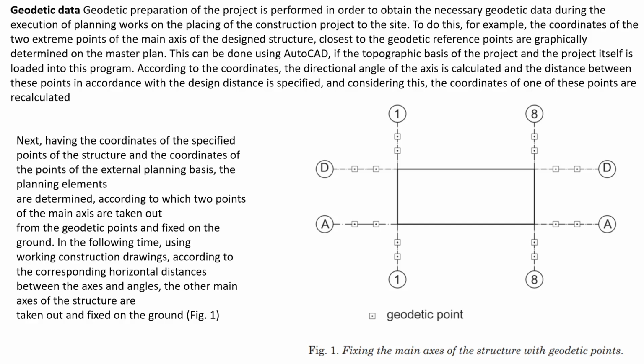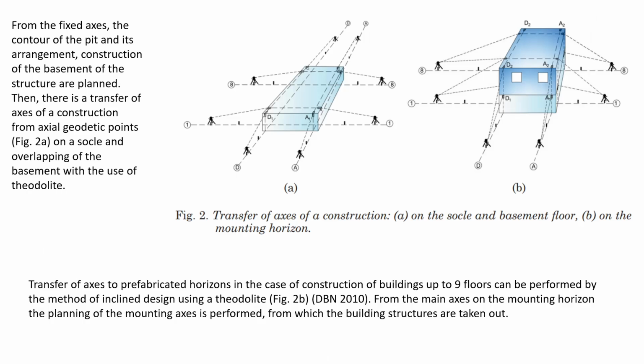So the coordinate system of the building site is different from the state geodetic system. It has some control points to get a reference with the world geodetic system or state geodetic system, and it has an angle of rotation of this particular coordinate system.